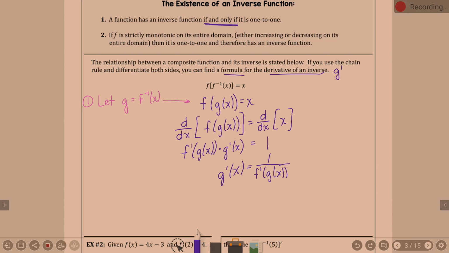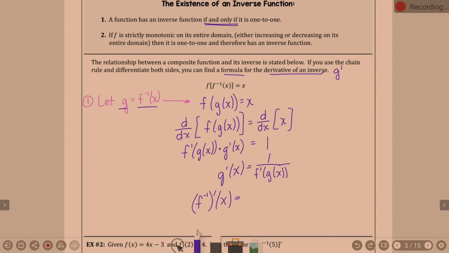Now, I'm going to rewrite it the traditional way we see it, by substituting back in what G represented. F inverse of x. I never remember where to put my derivative mark. This is the confusing part. So G is the same thing as F inverse, so I'm writing F inverse prime of x. So we're doing the derivative of f inverse.